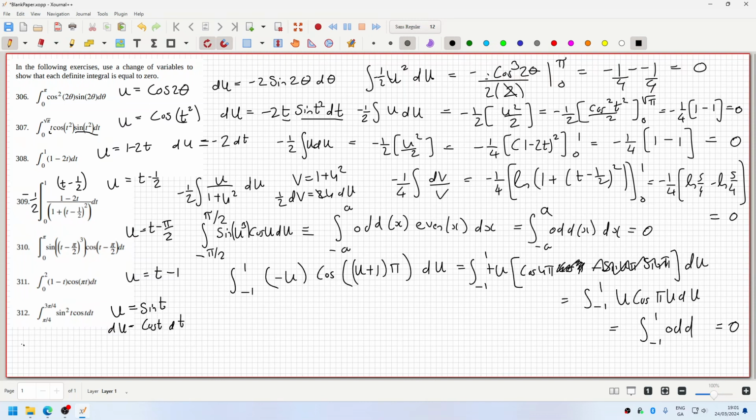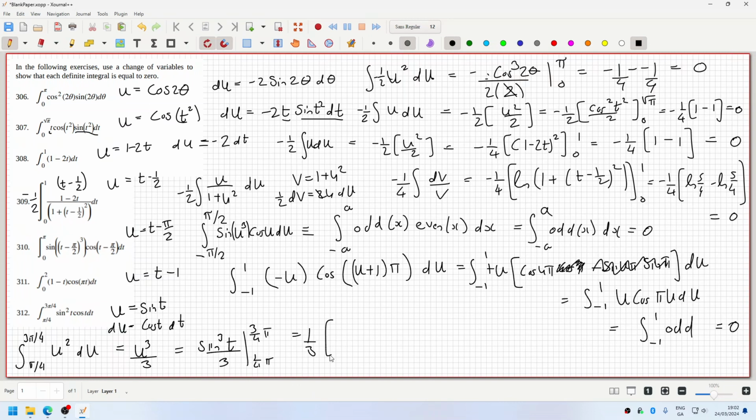So then the integration will be pi over 4 to 3 pi over 4, sine squared, that's u squared, and then cos t dt is du, that's u cubed over 3. So that's sine cubed t over 3, between 3/4 pi and 1/4 pi. So that would be 1/3.